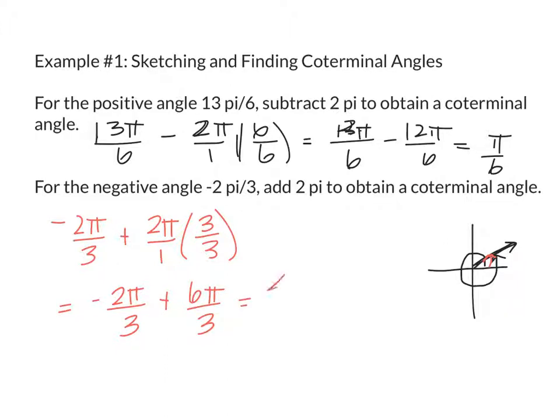That's going to leave me with 4 pi over 3. So that makes 4 pi over 3 and negative 2 pi over 3 coterminal. They are both coterminal. And if I sketch that, 4 pi over 3 is over here. So negative 2 pi over 3 would have been in the opposite direction.